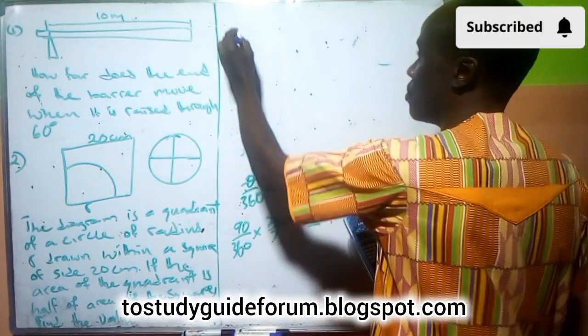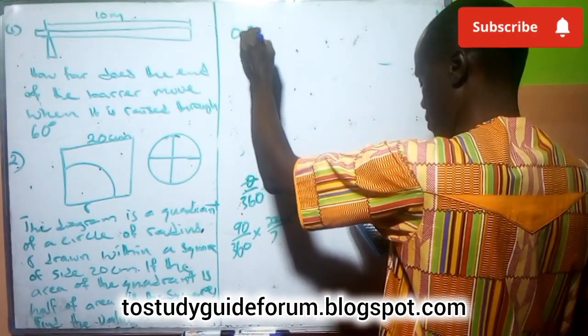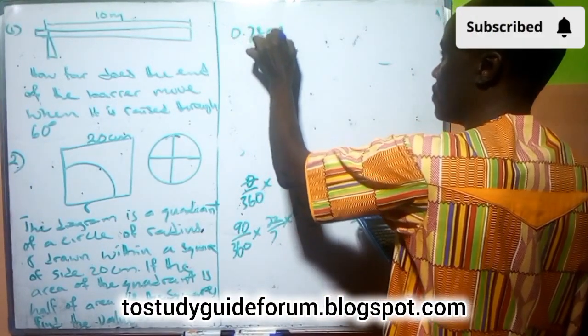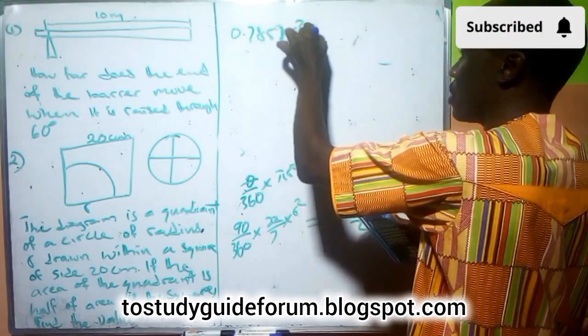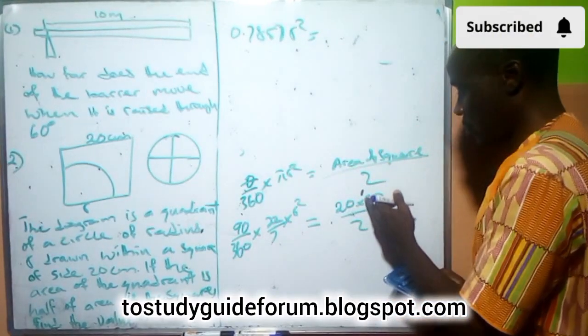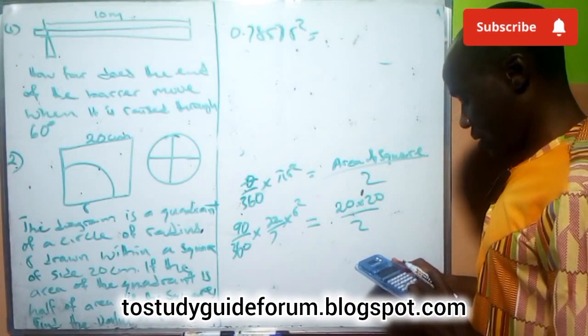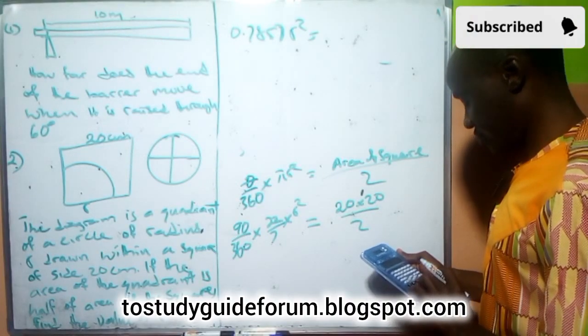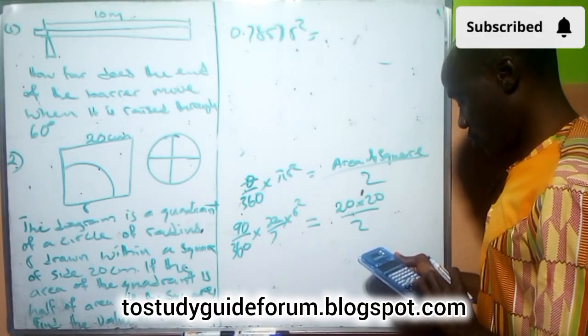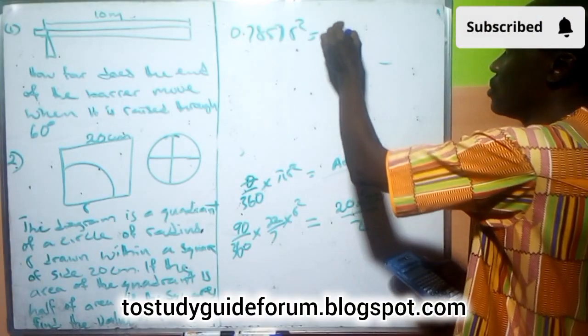What we have here will be 0.7857 r squared equals this multiplied to 20 times 20, which is 400 divided by 2, we have 200.